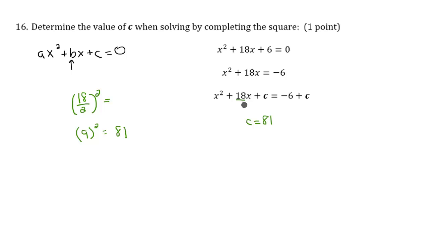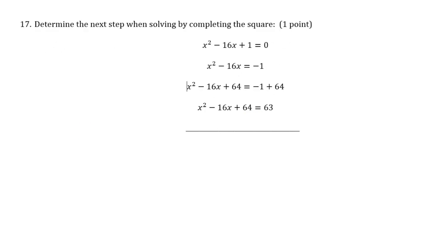If we went on to factor this, we'd have an x squared plus 18x plus 81 that we need to factor. Well, that factor would be x plus 9 squared. Well, actually it would be x plus 9 times x plus 9, which we'd write like this, but we didn't have to go that far for number 16.